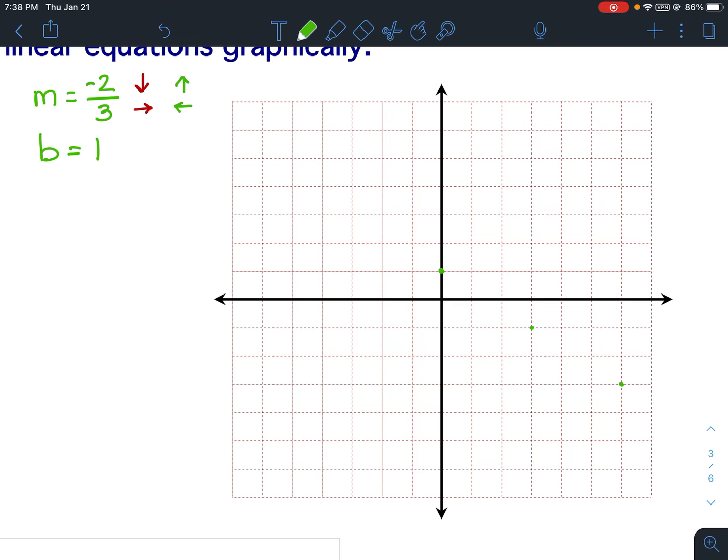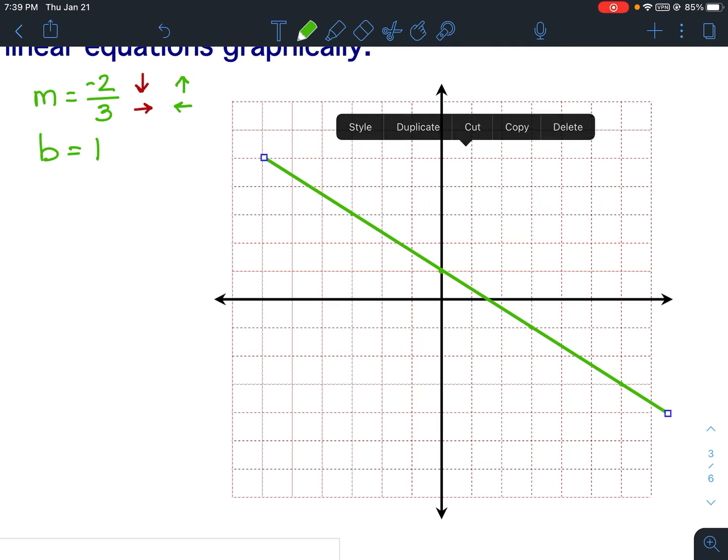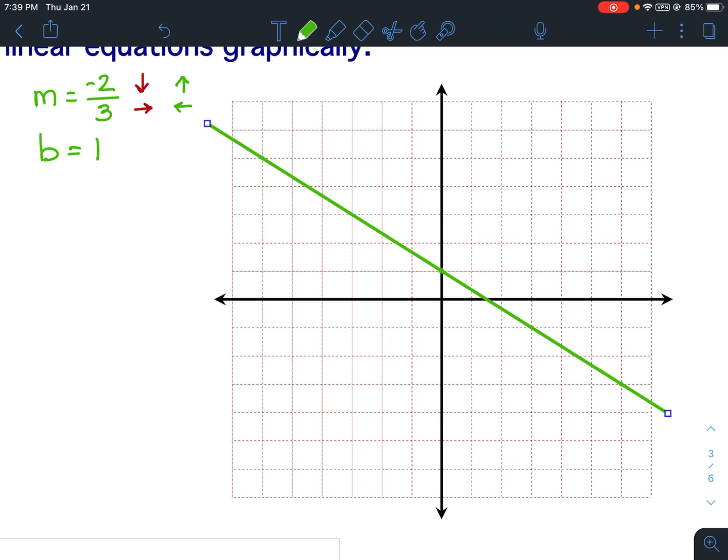Up 2, to the left 3. Extend your line past the grid lines. Put your arrows on the end. Label that example 3A.